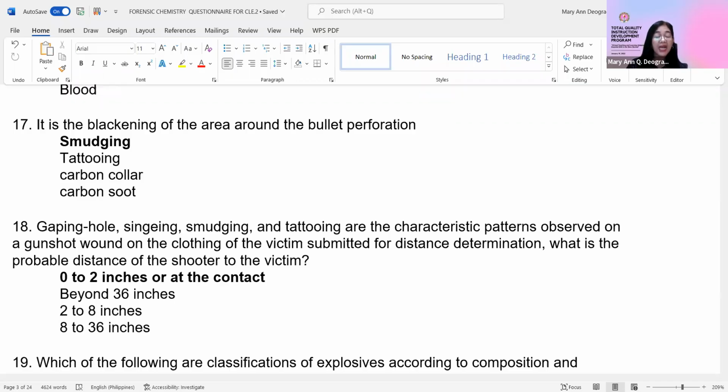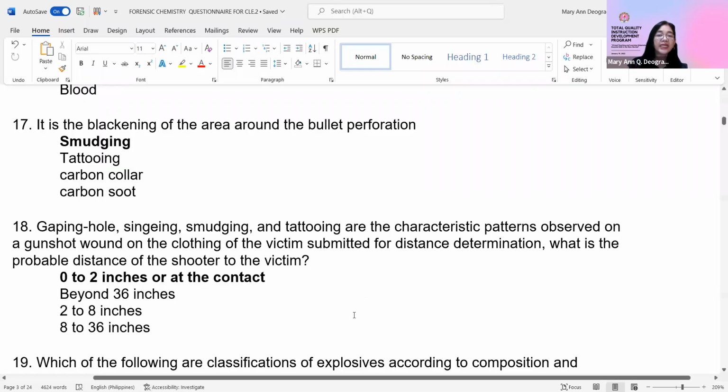So magkaiba yung characteristic patterns na makikita natin sa 2 to 8 at 8 to 36. So pag 2 to 8, the characteristic patterns that we can observe are smudging, tattooing. Pag 8 to 36 naman, tattooing na lang. Okay? So doon tayo sa 0 to 2, sobrang maraming or the characteristic patterns are complete.